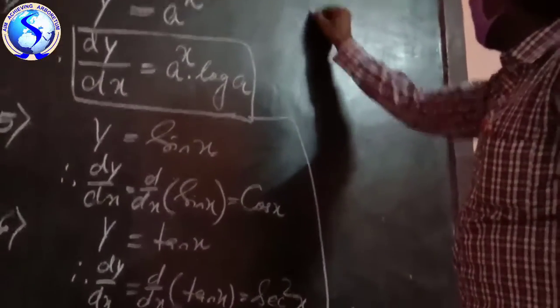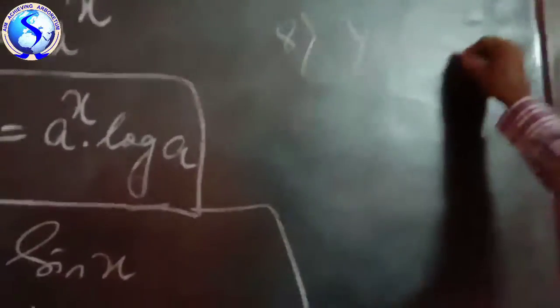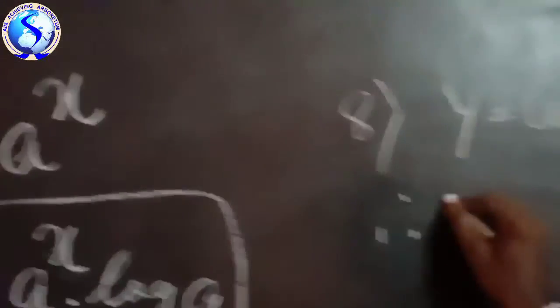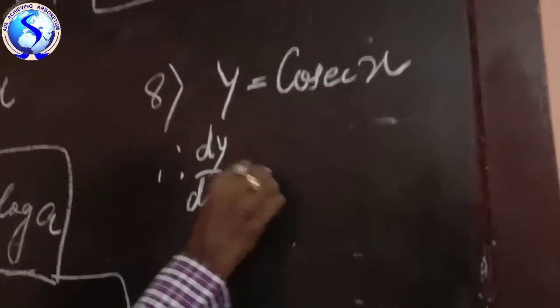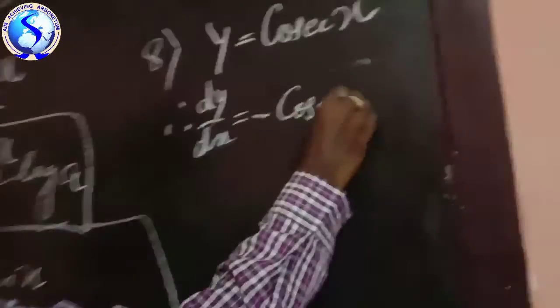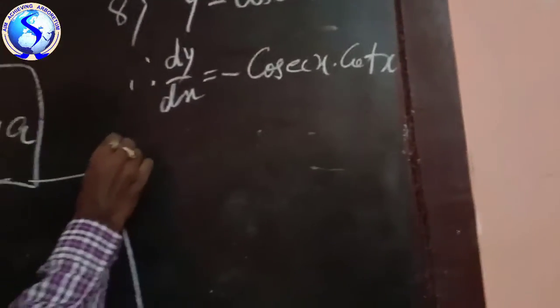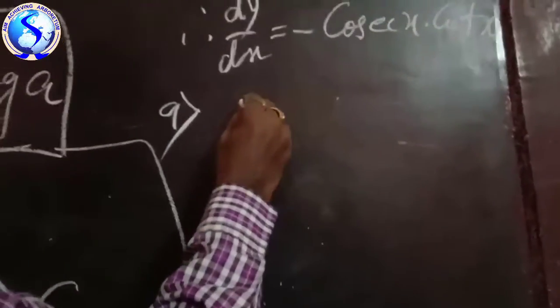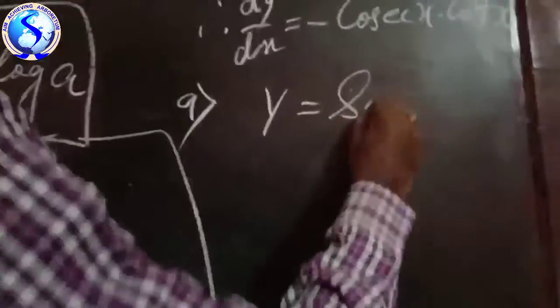Next you see number 8. Number 8, suppose y is equal to cosec x. What is the derivative of cosec x? dy by dx will be minus cosec x into cot x. You have to memorize all these formulas that I am writing here. To solve any derivative, you have to memorize the main formulas. Number 9, y is equal to sec x.